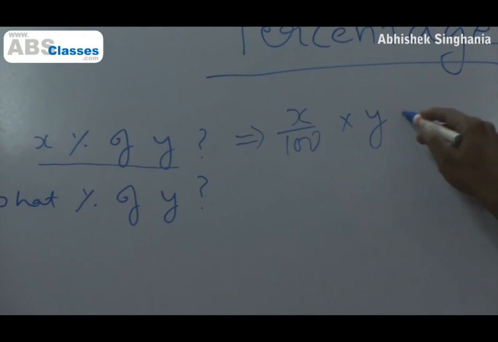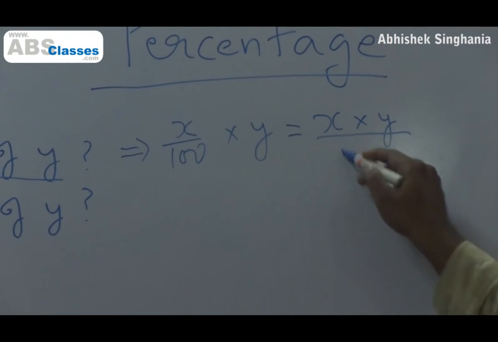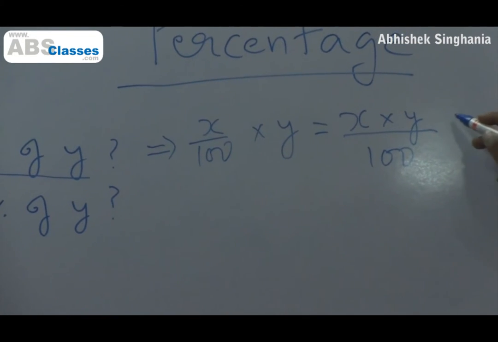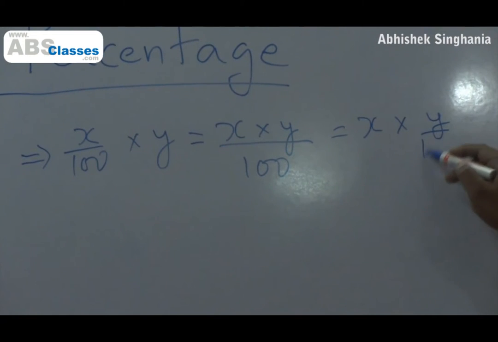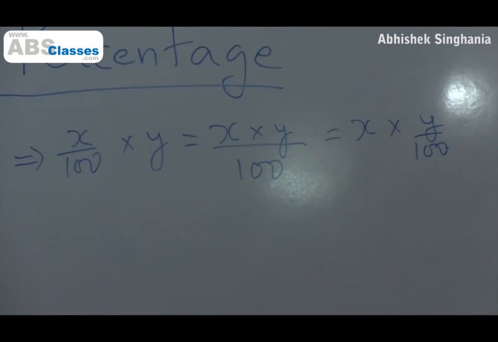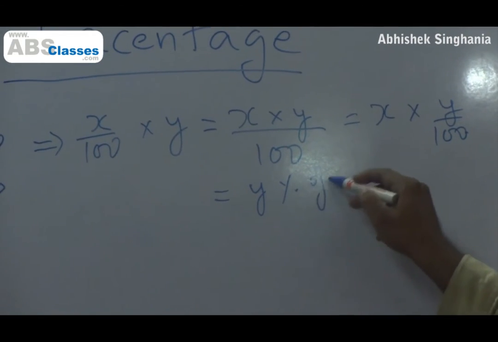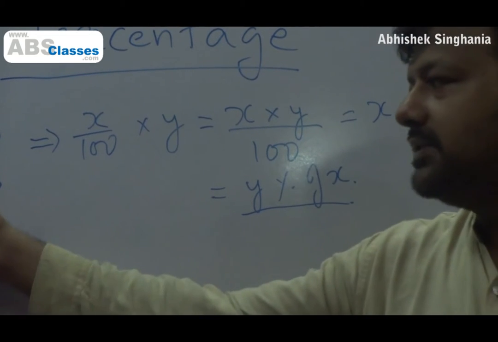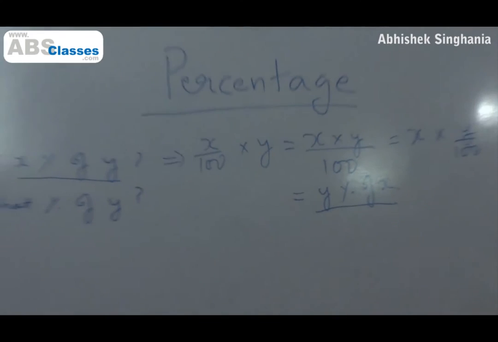Now we can also write this as x into y by 100, right? Which is nothing but y% of x. So first thing, x% of y and y% of x are one and the same thing.